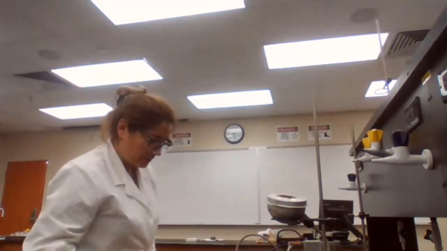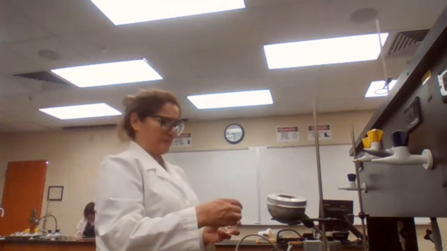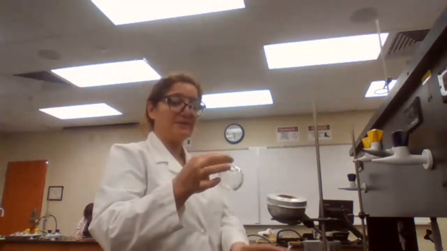You are going to use a 100 milliliter flask based on the procedure for this experiment. And it's important to use a proper size, because the level of the liquid in the boiling flask cannot be too high, cannot be too low. Because if it's too low, then you have dead space here.